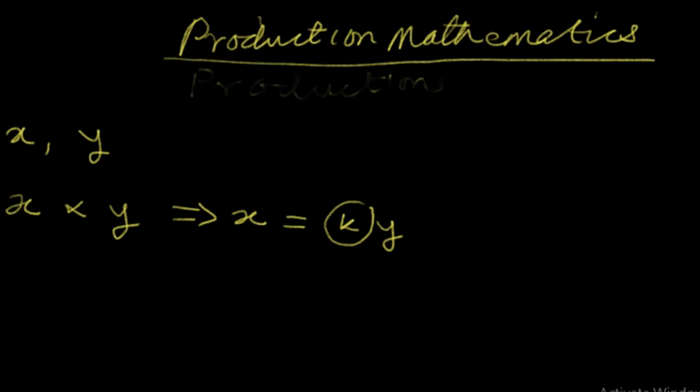As we proceed, I'm going to show you how k comes in here. Now x therefore is equal to ky. I need you to pay attention to the k, which is a constant of proportionality, because I will show you in due course how to generate the k constant.